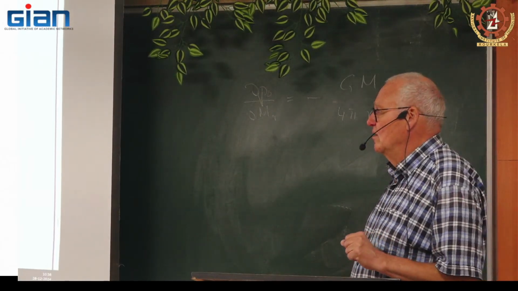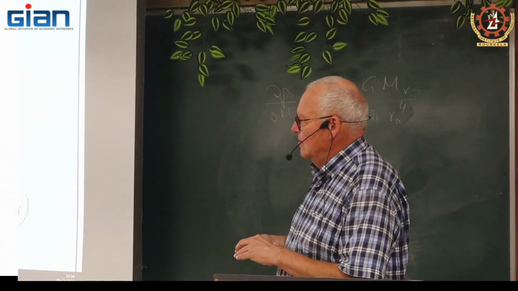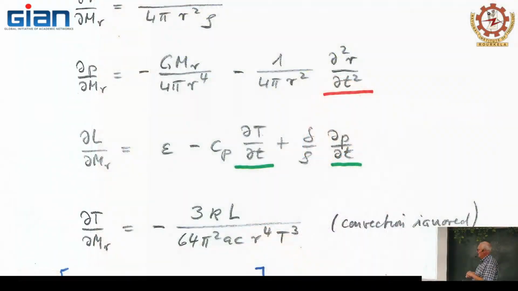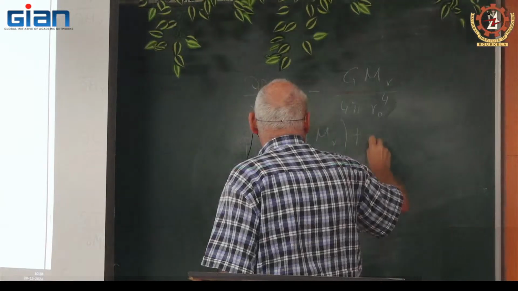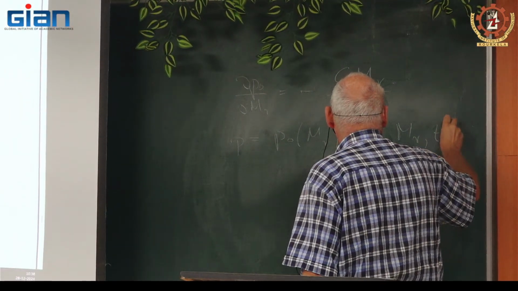These have been determined previously, prior to our pulsation analysis. This term is 0. Now what we do is say the pressure P is P0 as a function of mr plus P1 as a function of mr and time t.